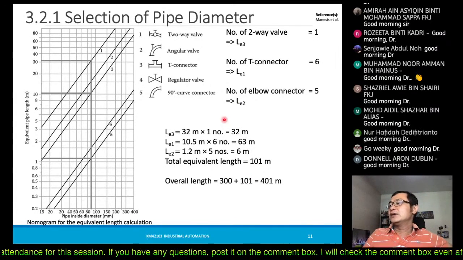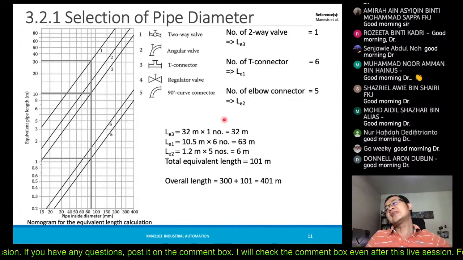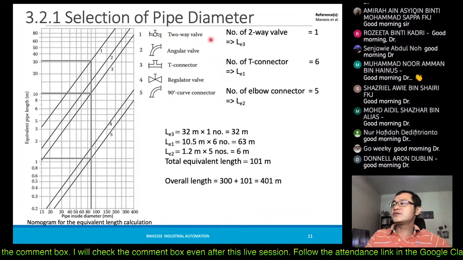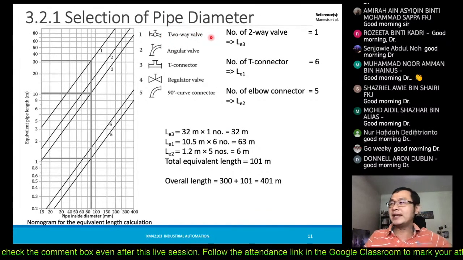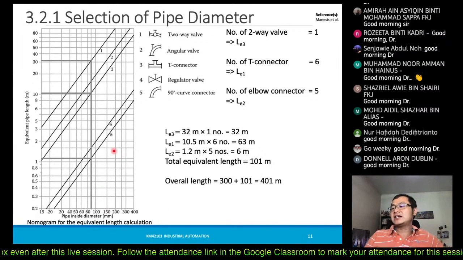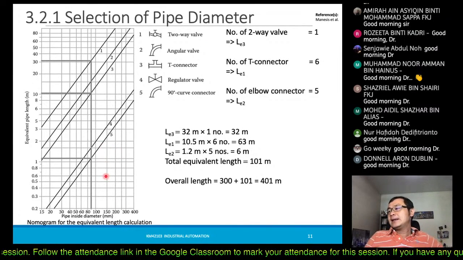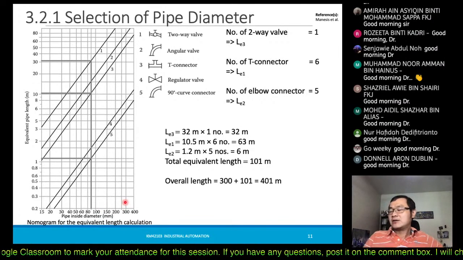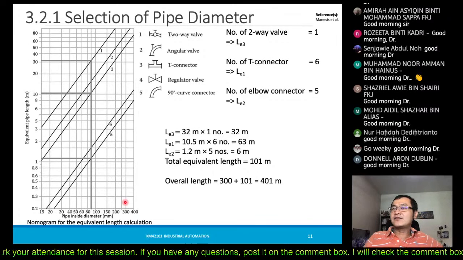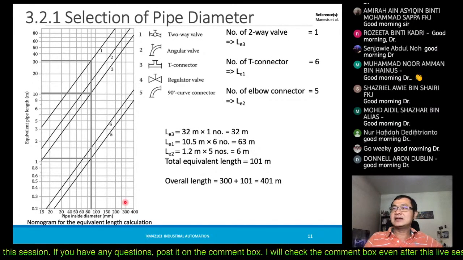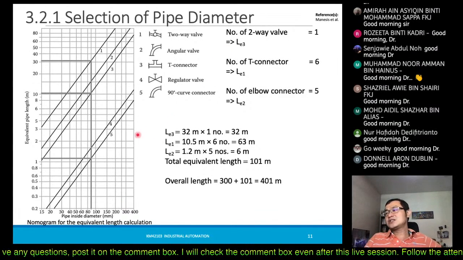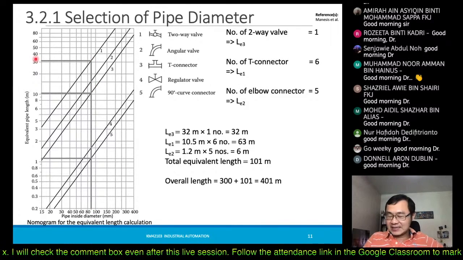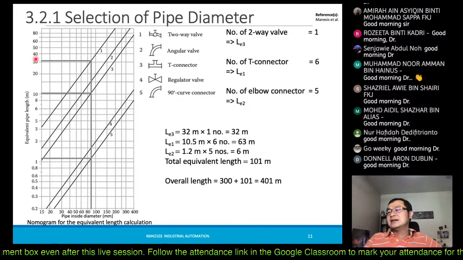Then also, since we have fittings, we want to represent all these fittings as an equivalent length. So we refer to another chart that estimates what it would be. Since we have selected the 90 millimeter pipe diameter, all these fittings now apply to 90 millimeter diameters.